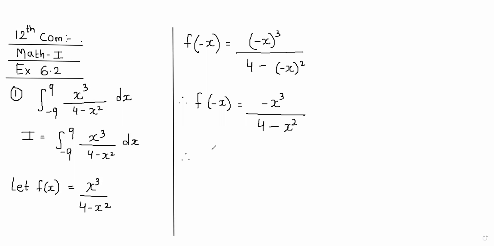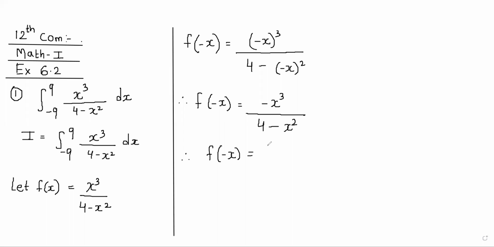So we can write this as f(-x). Now students, we will compare these two things: the RHS of f(-x) and the RHS of f(x). When we compare these two things, the only difference we can see is of minus.